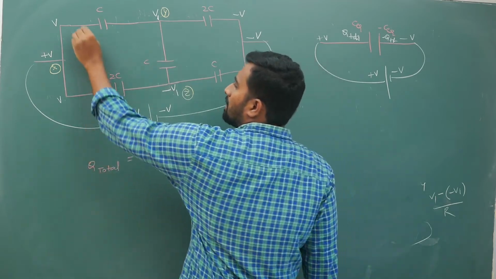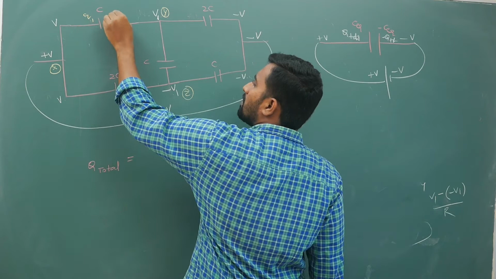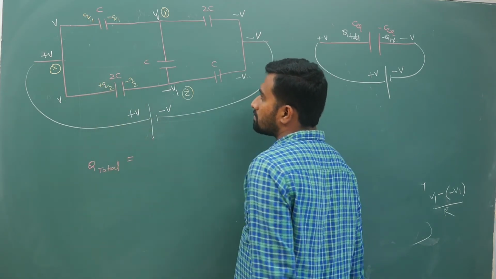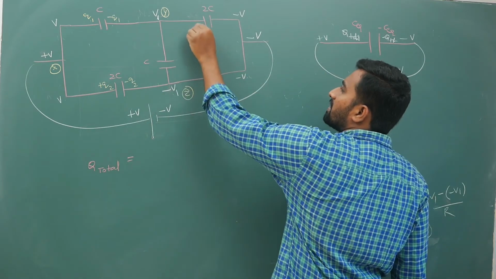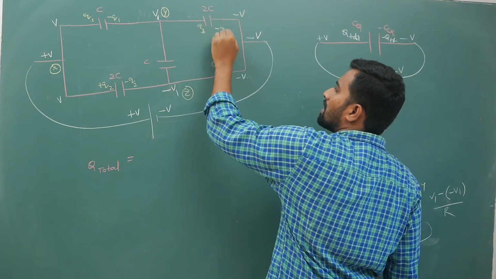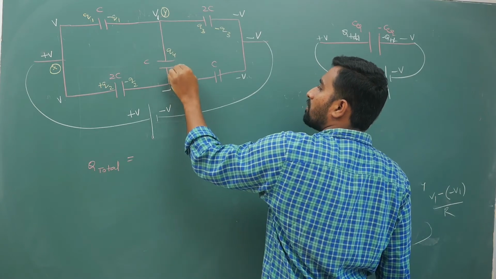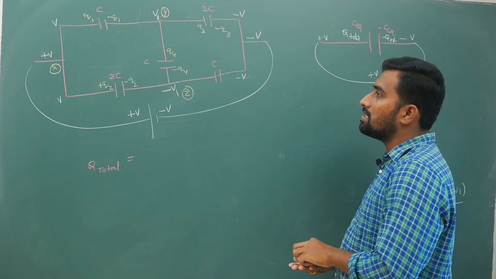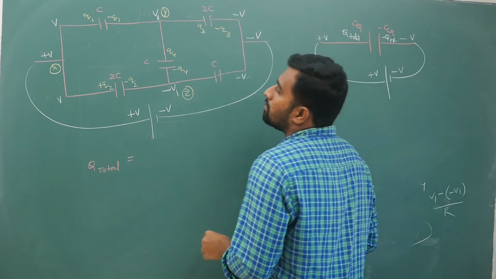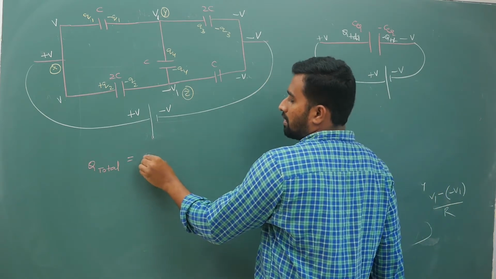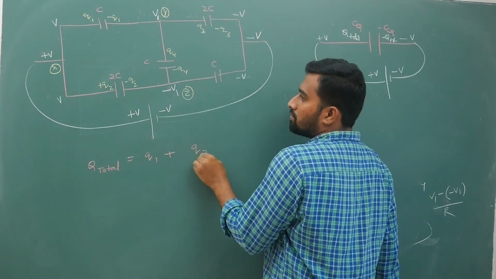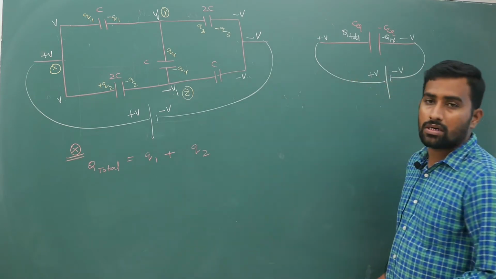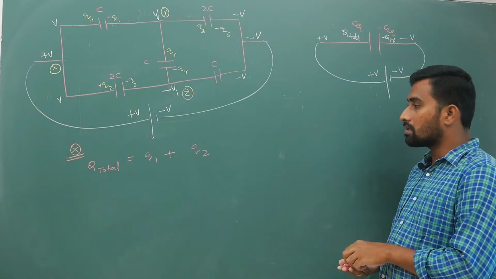Here you assume the charges are plus Q1 minus Q1, plus Q2 minus Q2, and here plus Q3 minus Q3, here plus Q4 and minus Q4. Now at node X your total charge is Q1 plus Q2.